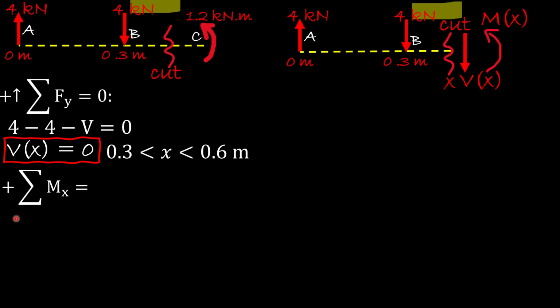So we will take the sum of the moments at x equal to 0, and we will start all the way from the 0 meter, 4 kilonewton times x, and the 4 kilonewton will cause the beam to go clockwise, which will be negative, and 4 kilonewton times the perpendicular distance to the cut, which will be x minus 0.3, and that will make the beam go counterclockwise, positive. And here we assume that this internal net moment is positive, and that's what we're gonna have in here.